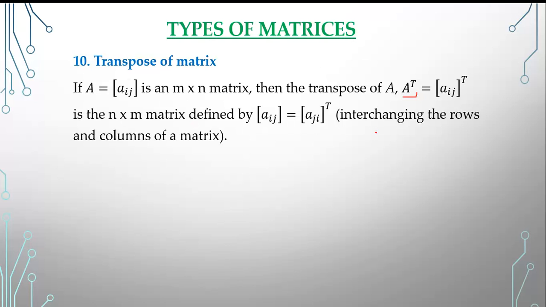If our rows are converted into columns and columns are converted into rows, then the matrix we form is the transpose of the matrix.